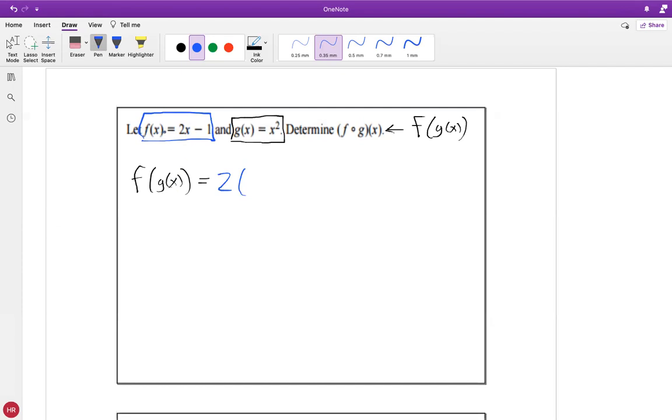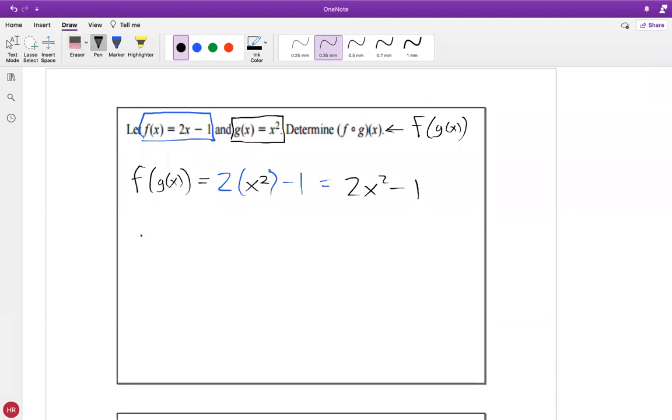Now I'm saying what's f of g of x, so you put the g of x where the x was. So now instead of an x here, I'm going to write x squared, because that's g of x, and then minus 1. And this is just equal to 2x squared minus 1. So I replaced the x in this function with this function.